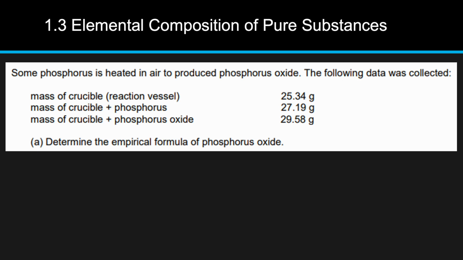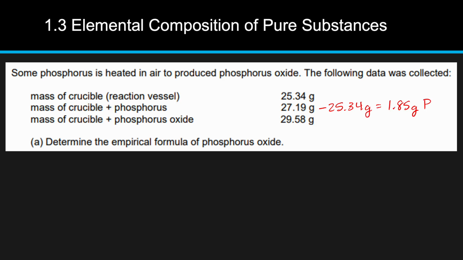If we look at these 3 sets of data, we have the mass of the crucible, the mass of the crucible and the phosphorus, and then the mass of the crucible and the phosphorus oxide. What we can do first is get the mass of the phosphorus by taking 27.19 grams and subtracting the mass of the crucible.